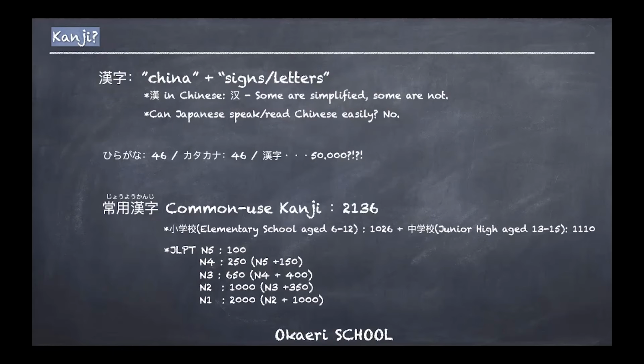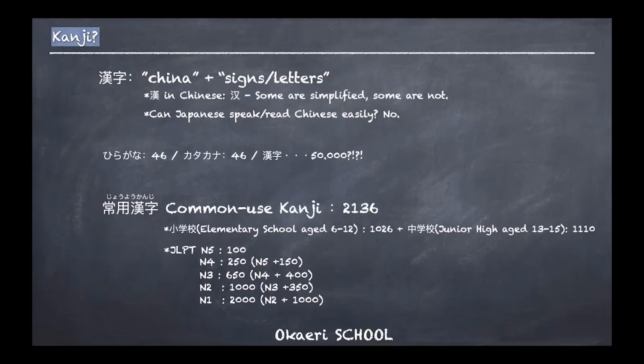Anyway, you have learned hiragana's 46 characters and katakana's 46 characters, and I hope you have already mastered these 92 letters. Well, now we also have kanji, and we use them all mixed. Some say 50,000 kanji exist, but we don't use all 50,000.